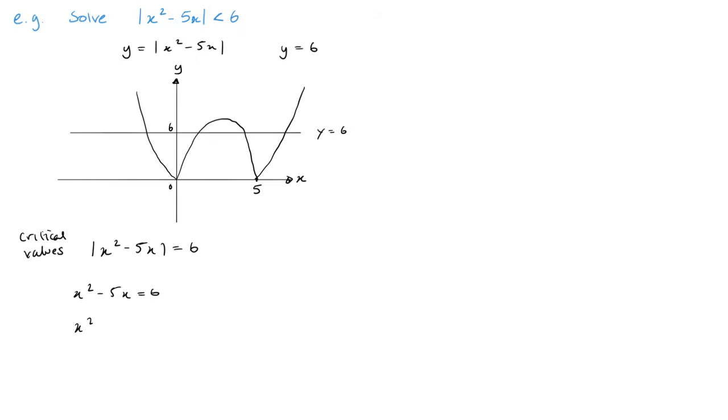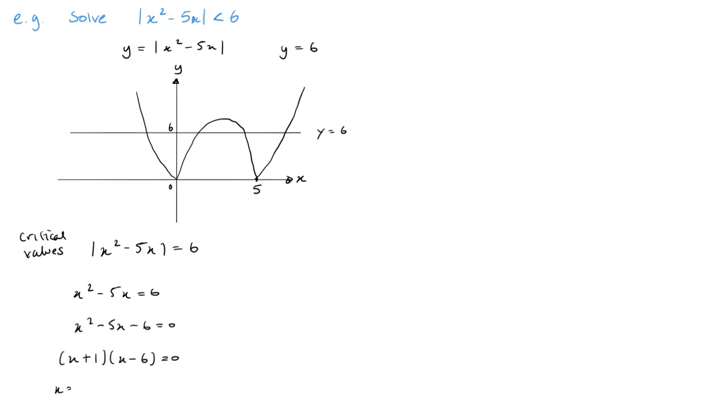So this is x squared minus 5x minus 6 equals 0. This should factorize to x plus 1 and x minus 6. Let's check that. x squared minus 6x plus 1x is minus 5x, and 1 times minus 6 is minus 6.